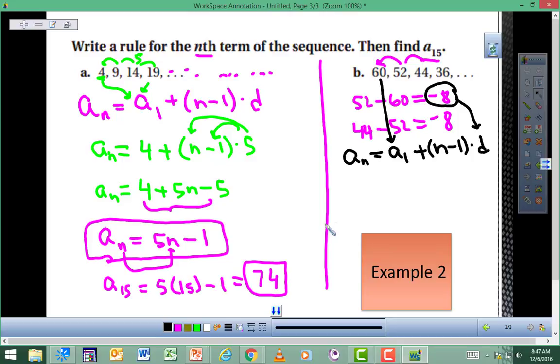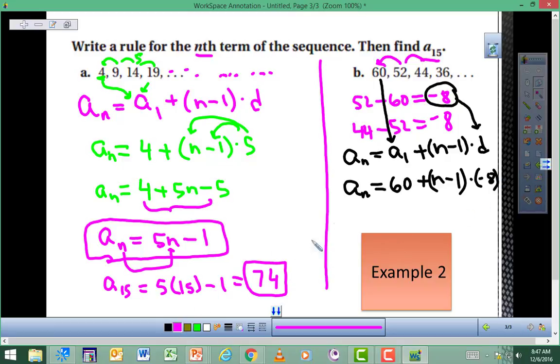Okay, so let's wrap this up. I get a sub n, the general rule, is 60, and then we get n minus 1, we have a plus sign, times negative 8.